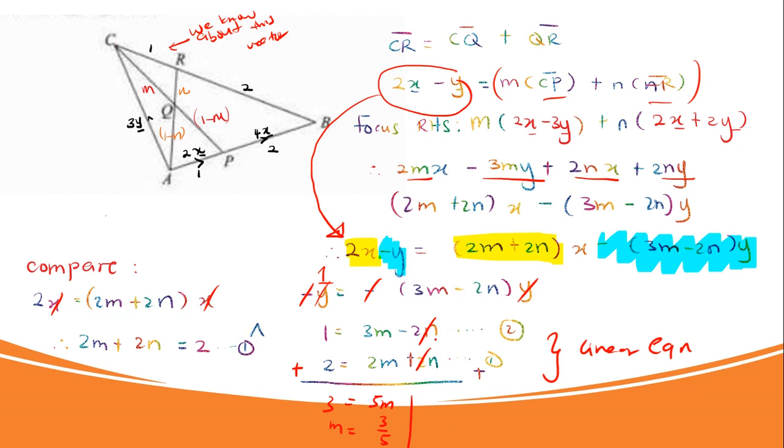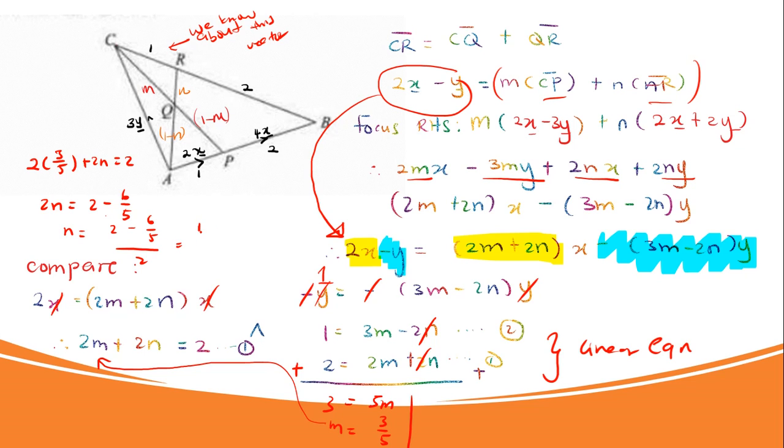So we substitute m equivalent to 3 over 5 to here, and we get what? 2 times m, 3 over 5 plus 2n equivalent to 2. So 2n is equivalent to 2 minus 6 over 5. So n is equivalent to 2 minus 6 over 5, over 2, right?